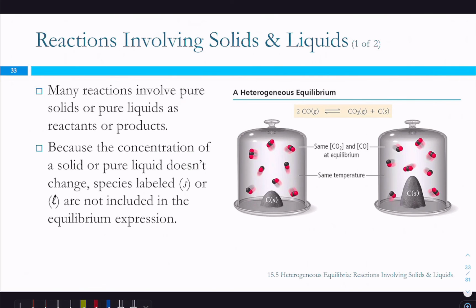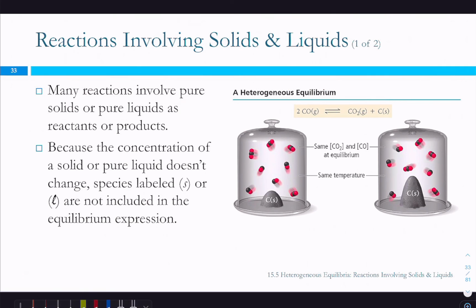Up until now, we've been talking only about gases and aqueous species. Even though I'm not writing any of the state labels on anything, they are important. I'm just doing it for brevity's sake. Because when you have heterogeneous mixtures, the concentrations of solids and liquids don't change, practically speaking.